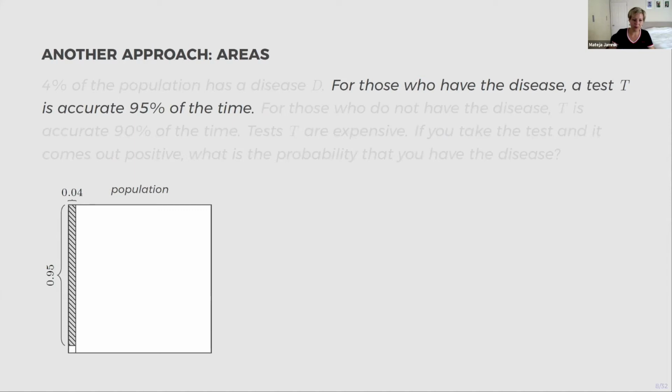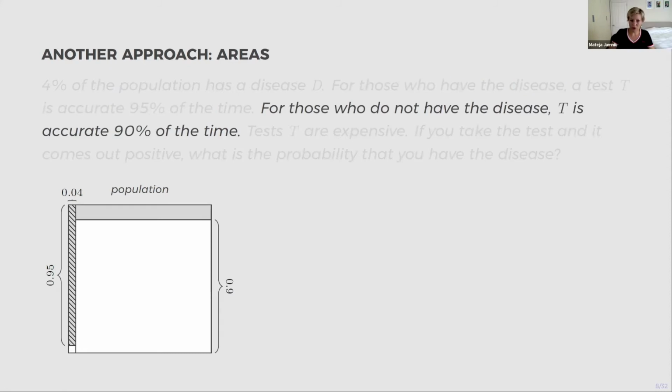So these are people who have the disease and have taken the test and it was positive. Now for those who do not have the disease, the test is 90% accurate. You can see here, this is an accurate 90% of those who don't have the disease. Unfortunately, of those who don't have the disease, 10% will get a false positive, which is just this area here.